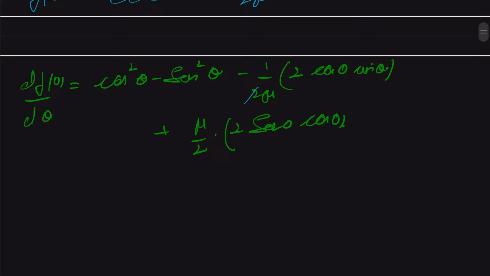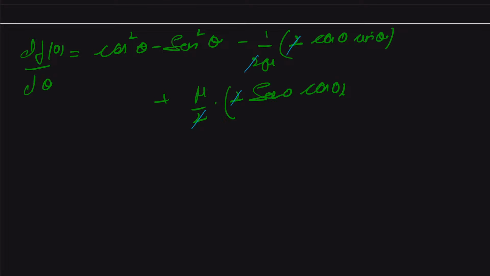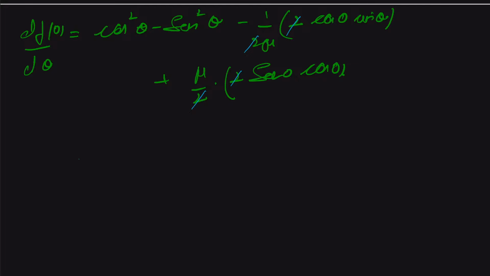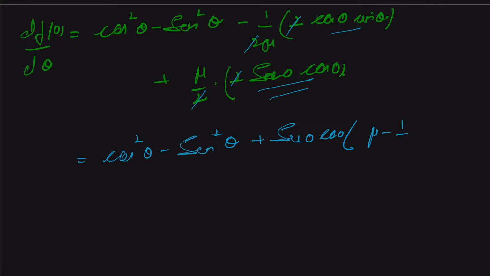So here this 2 and 2 cancel out. Therefore, we get from here cos squared theta minus sine squared theta, and we can take sine theta cos theta common from these two. So this will be plus sine theta cos theta times mu minus 1 upon mu, and obviously equal to 0.